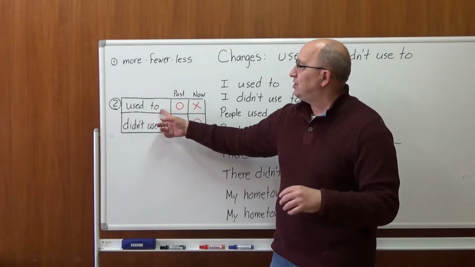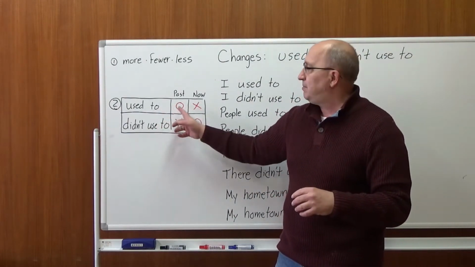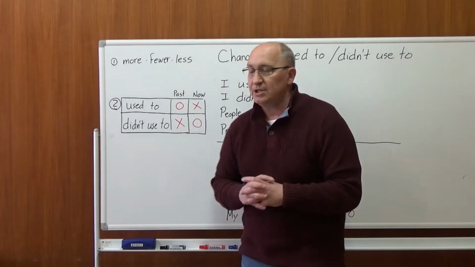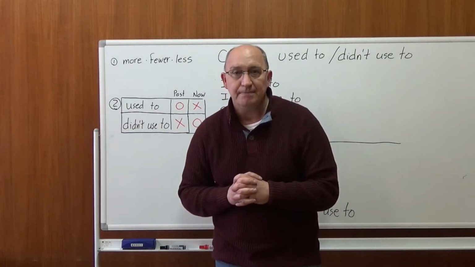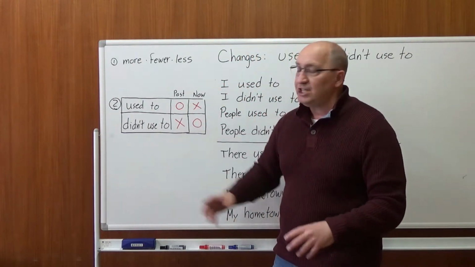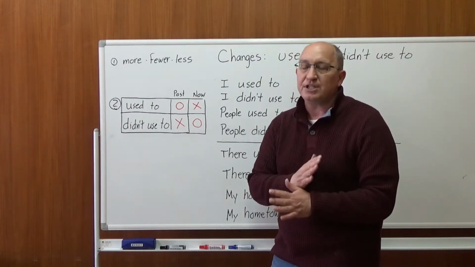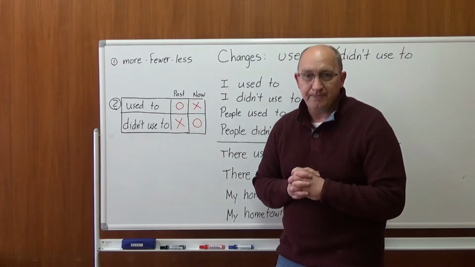When we use used to plus some action, it means in the past, that action was true. Now, that action is not true. If we use didn't used to, it's just the opposite. In the past, it was not true. Now, it is true.